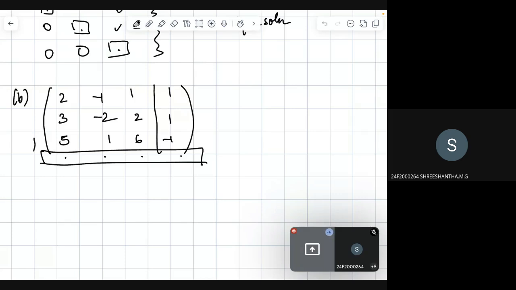And if in the augmented column we have non-zero while here we have zero, then that will be inconsistent and that would mean no solution. So we have to check for infinitely many solution, which means this is not the condition we are checking. What we are checking is if all the entries in a row are coming as zero or not, right? Okay, so that's what we have to check.